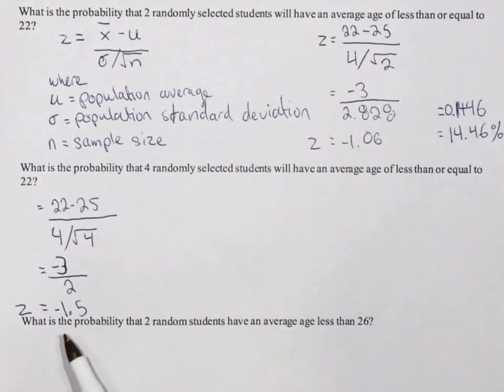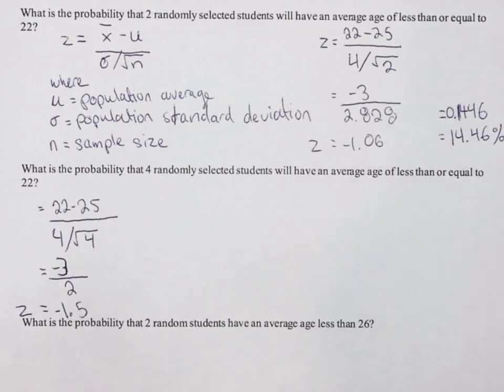So we receive a z-score of negative 1.5.